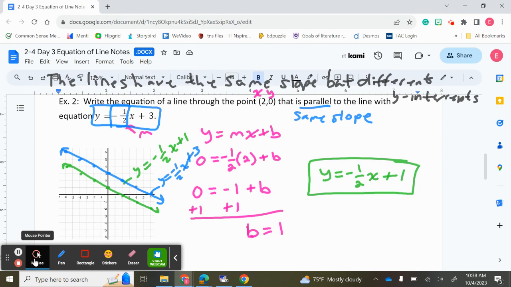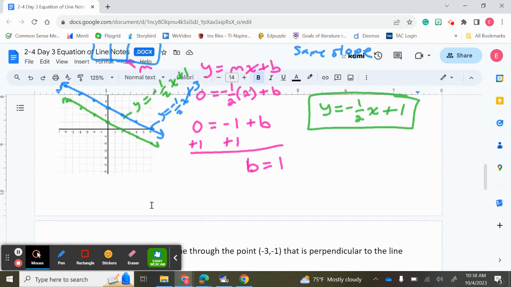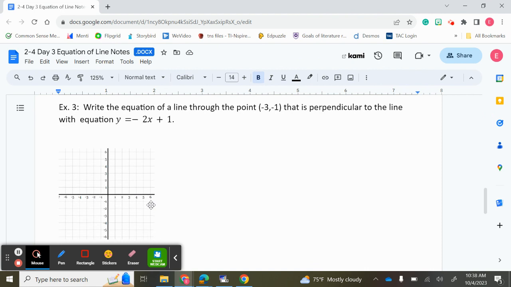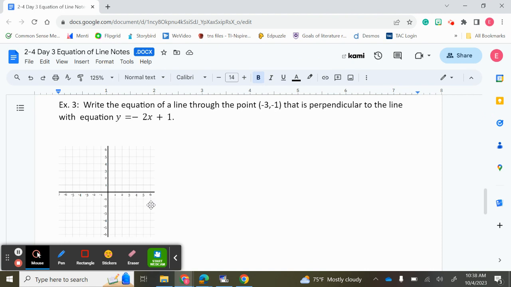Okay. All right, we're going to move on to example 3. That's on the back. So now we're going to do the same thing, but in this case, we're going to do a perpendicular slope, which means we need to use the opposite reciprocal. So again, if we look here, here's our x, here's our y that we're going to substitute into y equals mx plus b.